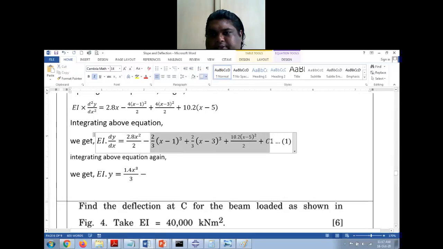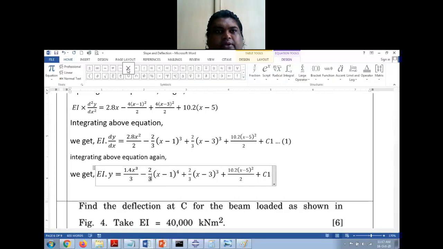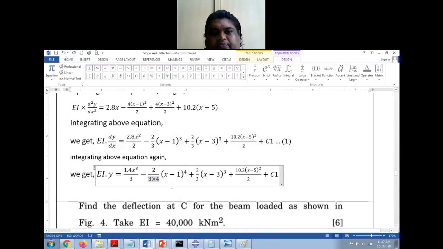Better copy the entire thing and just modify it here, right? So this will become (x minus 1) raised to 4 by 4, so this will be 3 into 4, like this. Then this will be 2 by 3 into 4 (x minus 3) whole raised to 4.